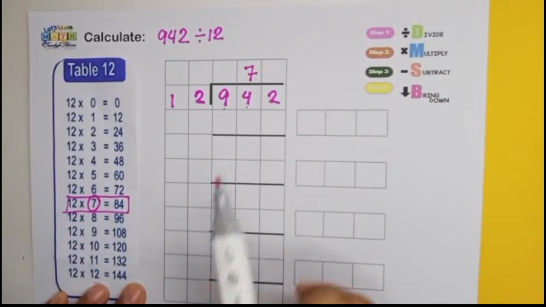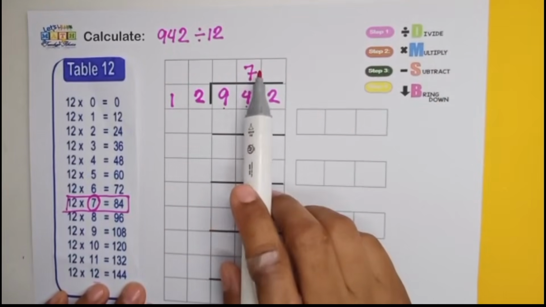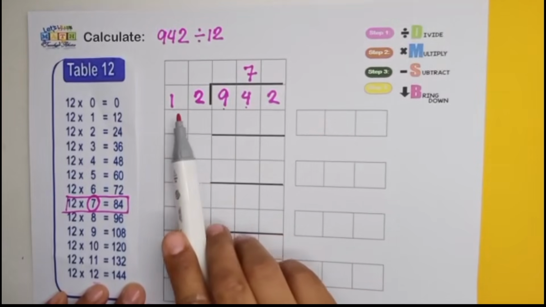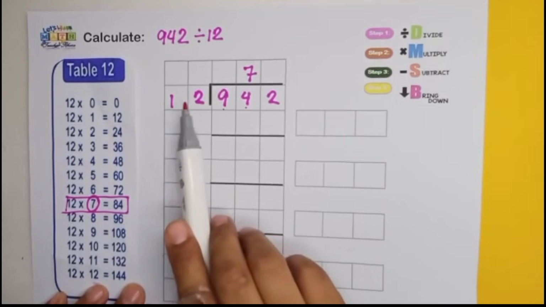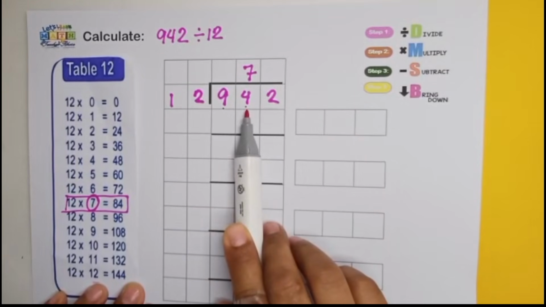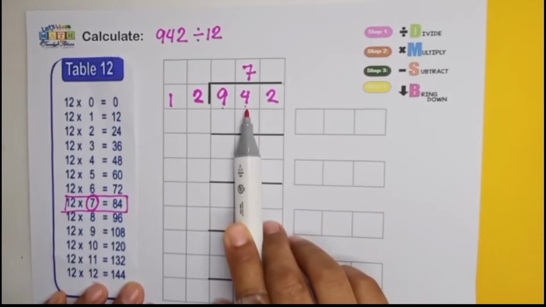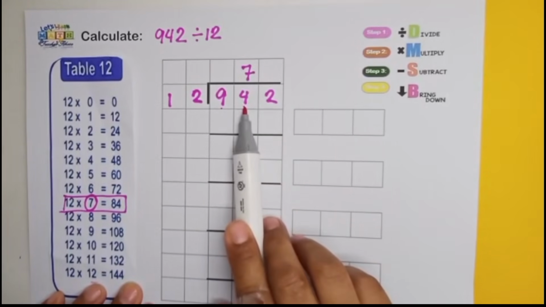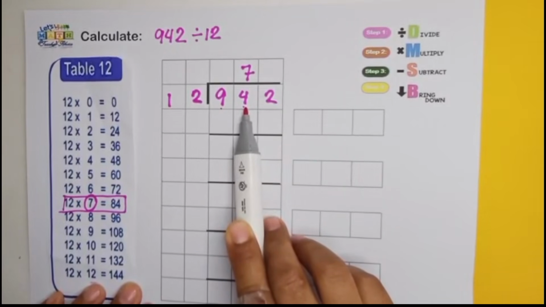Did you notice that I didn't write my answer on the first digit? Why? Because I'm working with 2 digits, so my answer should also be aligned on the second digit, on the tens place, because I'm working on the tens.